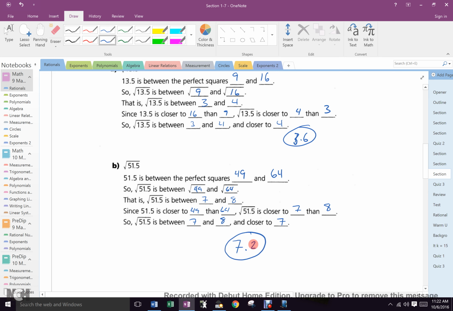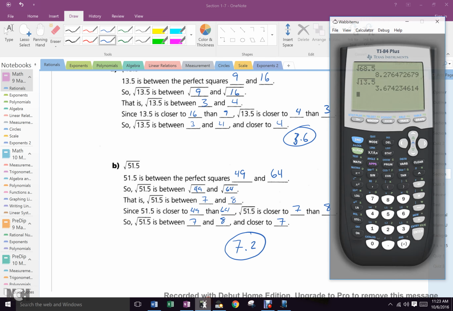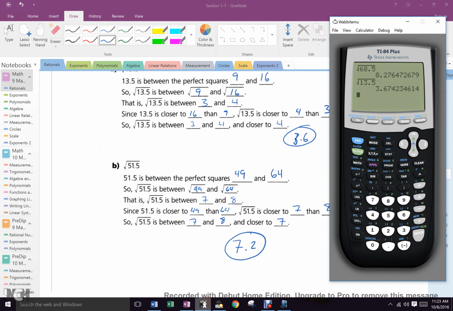It's real close to 7. So you can guess 7.1, 7.2, right? Let's check with our calculator, even though we wouldn't use our calculator to do this, right? Because we're just guessing. Square root of 51.5. 7.17. We guessed 7.2. Darn close, aren't we? Off by a couple decimal points.